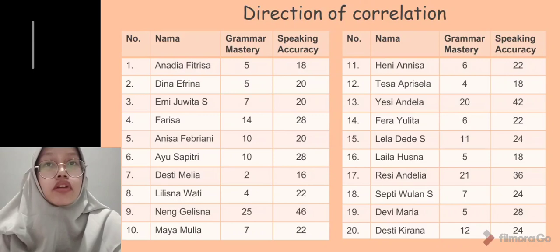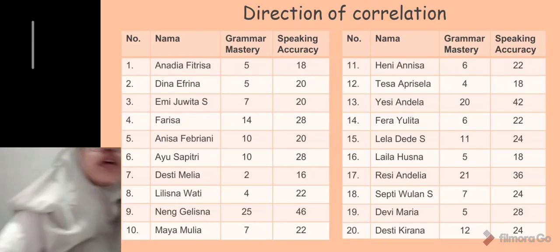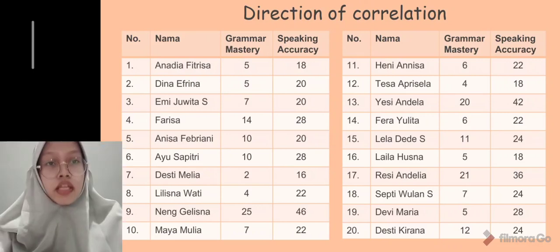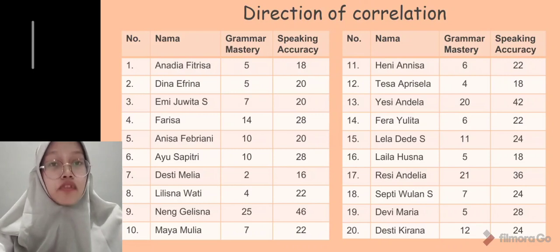The score of grammar mastery is 7 and the score of speaking accuracy is 22. Next is Heni Anissa. The score of grammar mastery is 9 and the score of speaking accuracy is 22. Next is Tessa Aprisela. The score of grammar mastery is 4 and the score of speaking accuracy is 18.